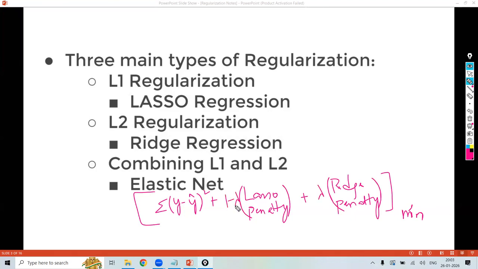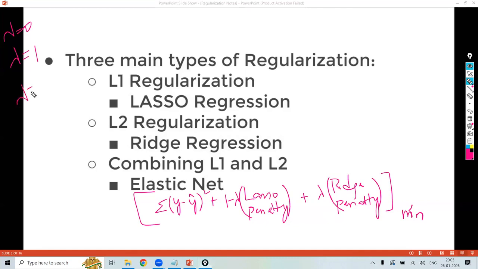Very simple. For example, let's take lambda equal to 0. What is the meaning of lambda equal to 0? 1 minus 0 is 1, so the lasso penalty will become 0 and the ridge penalty remains; now only ridge will be there. Sorry, the lasso term is multiplied by lambda, so with lambda equal to 0 only ridge will be there, no lasso. When lambda is equal to 1, ridge will become 0 and only lasso will be there.